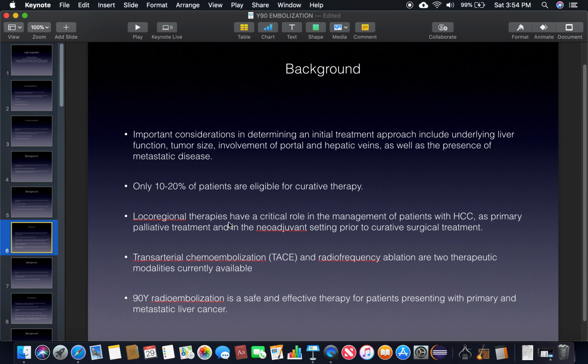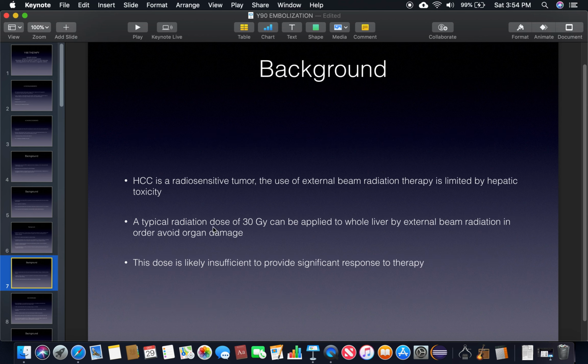The local regional therapies have a critical role in patient management with hepatocellular carcinoma. Now, trans-arterial chemoembolization or TACE and radiofrequency ablation are two therapeutic modalities that are available. Now, radioembolization with yttrium is a safe and effective therapy both for primary and metastatic liver cancers.